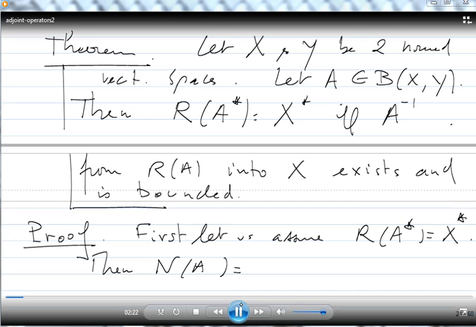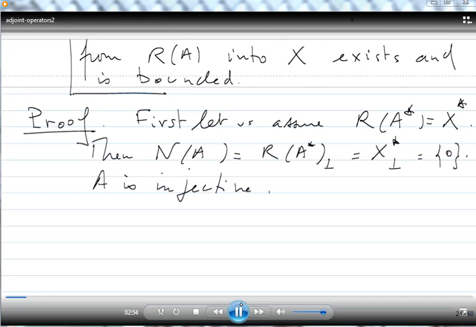If I want to go from the range of A star, I have to go to the null space of A. So this gives me the null space of A, which is the annihilator of the range of A star, that is, X star down to X, which is 0. And therefore A is injective. So this tells us that A inverse from the range of A into X does exist.